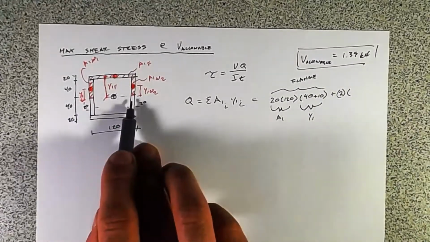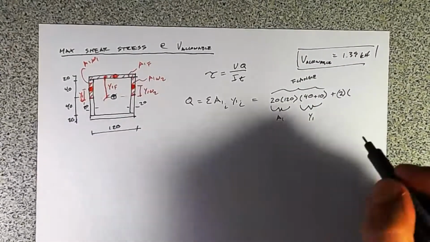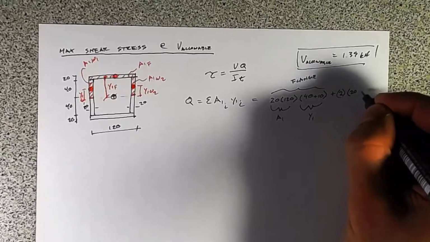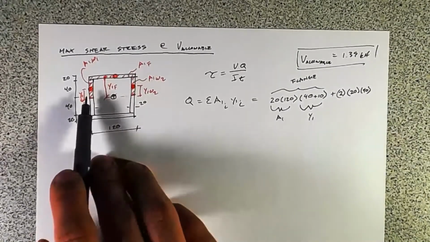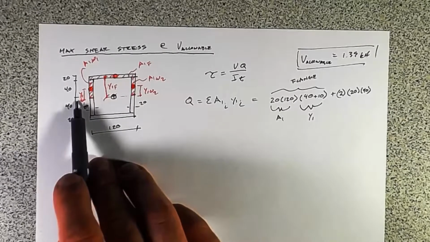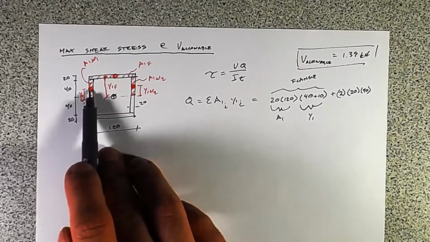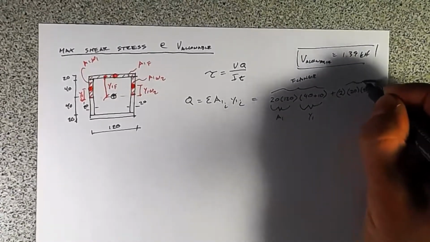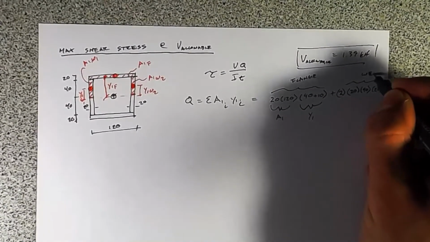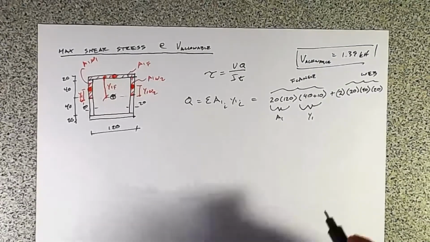They are 20 millimeters wide, 40 millimeters tall. 20 times 40, and the centroid is halfway up, so that's half of 40, so that's 20. And that's the web.